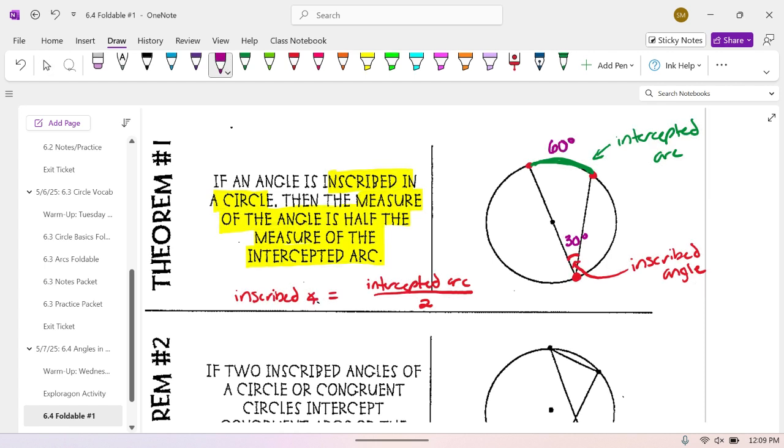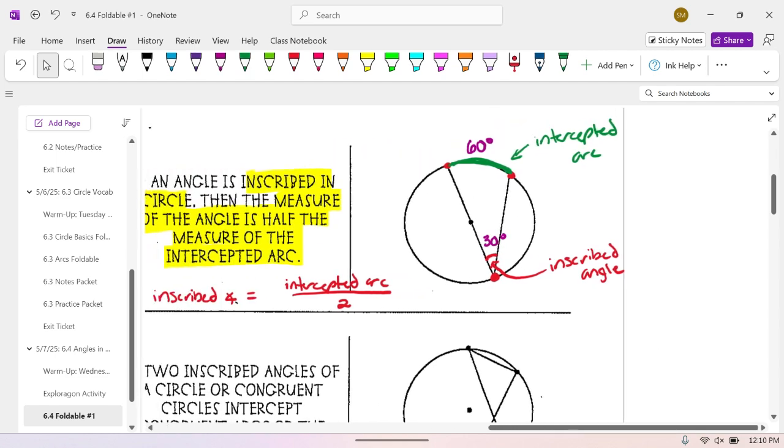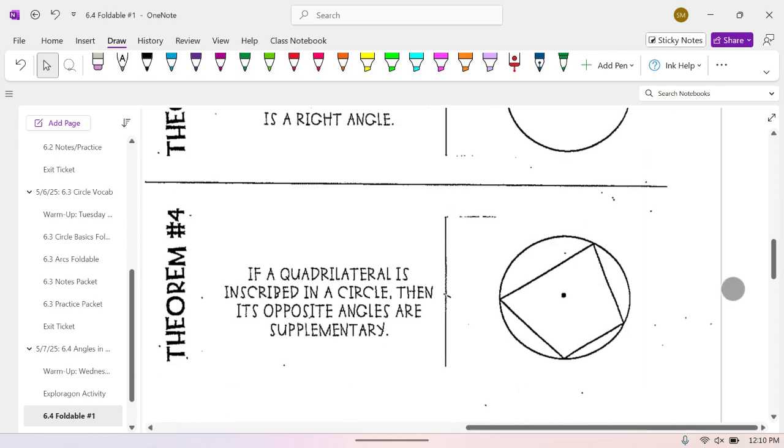You would multiply it by 2 to get to the intercepted arc, and vice versa. So if I gave you the 60 first, the inscribed angle would be 30 because you would divide 60 by 2. All right. So now let's look at some examples that go along with this specific theorem.